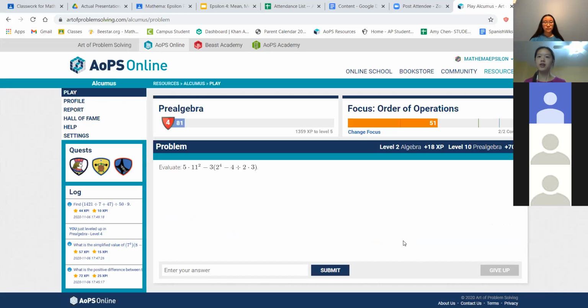Evaluate 5 times 11 squared minus 3 times the quantity of 2 to the 4th minus 4 divided by 2 times 3, close quantity.